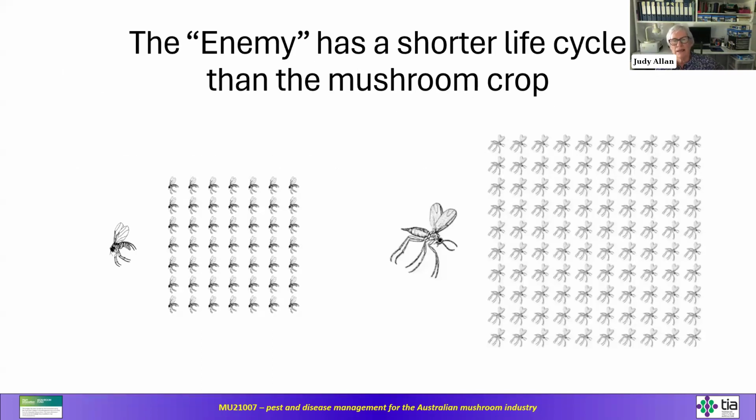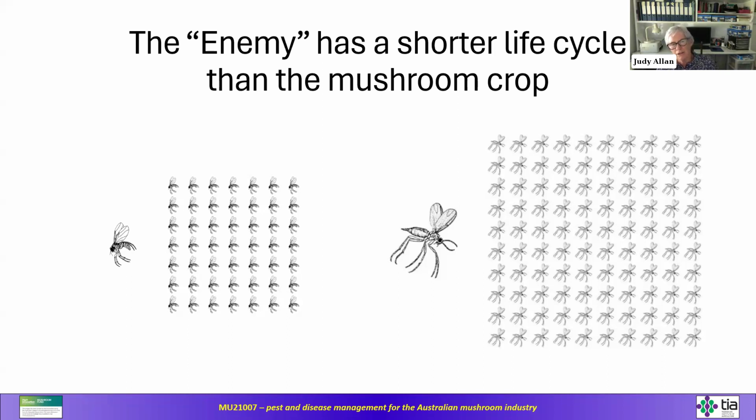So another base characteristic of the enemy is that it has a shorter life cycle than the mushroom crop. So these are the main mushroom flies. The fly on the left is a phorid, and the fly on the right is a sciarid. And each of these individual pests have slightly different biology and behaviour.